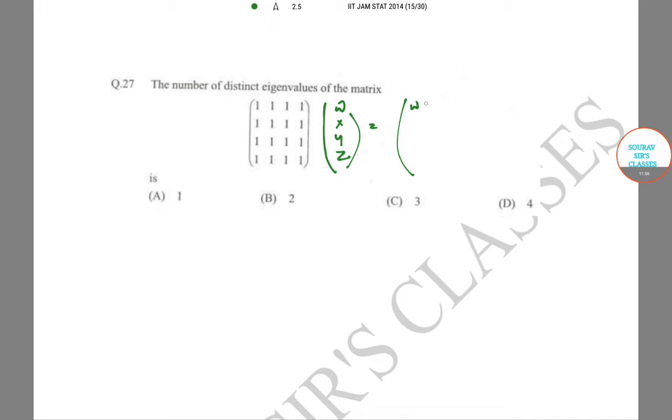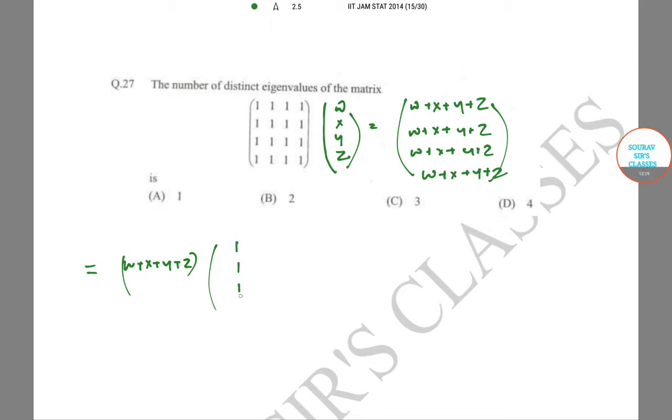We get w plus x plus y plus z, repeated in every row, which is equal to w plus x plus y plus z times 1 1 1 1.